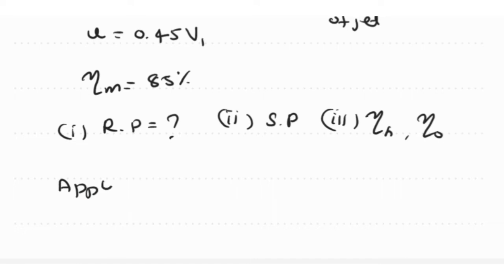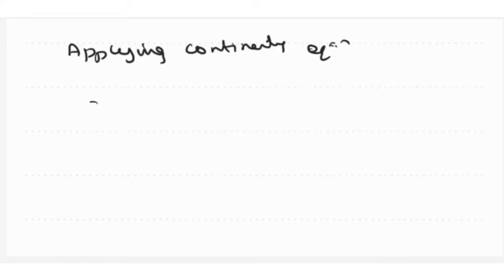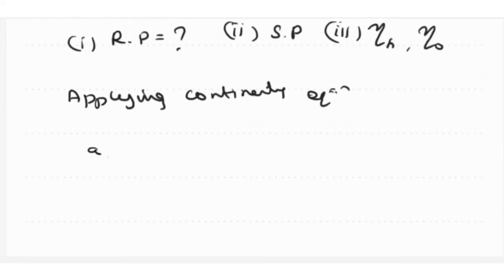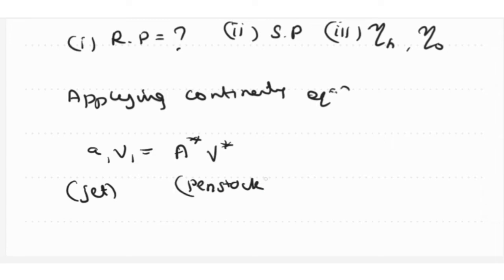Applying continuity equation for the penstock and jet, the equation is A1 V1 is equal to A star V star. This is related to the jet and this is related to the penstock.